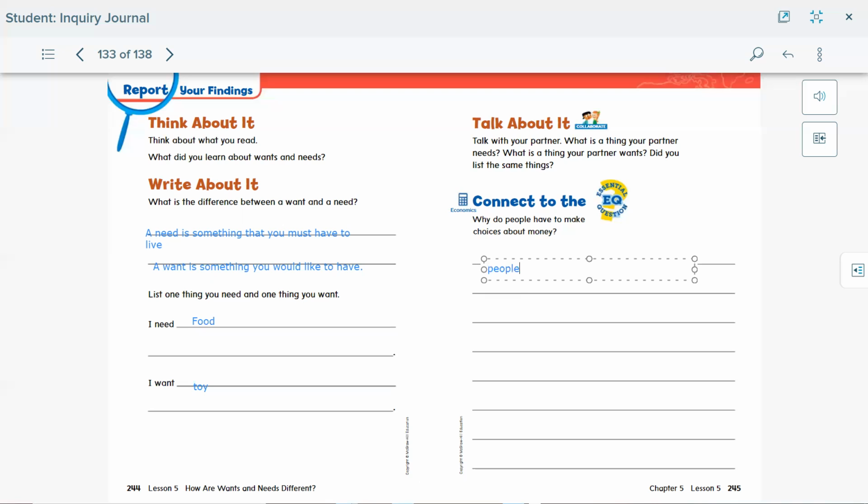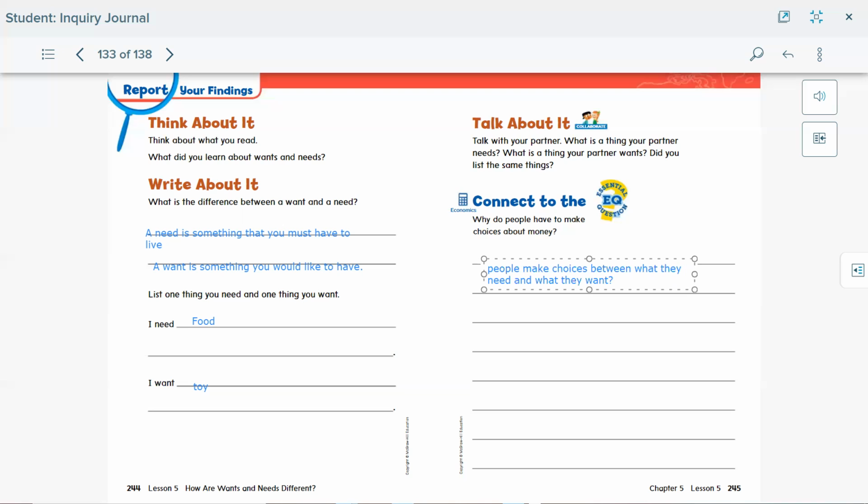People make choices between what they need and what they want. And that will help you to choose.